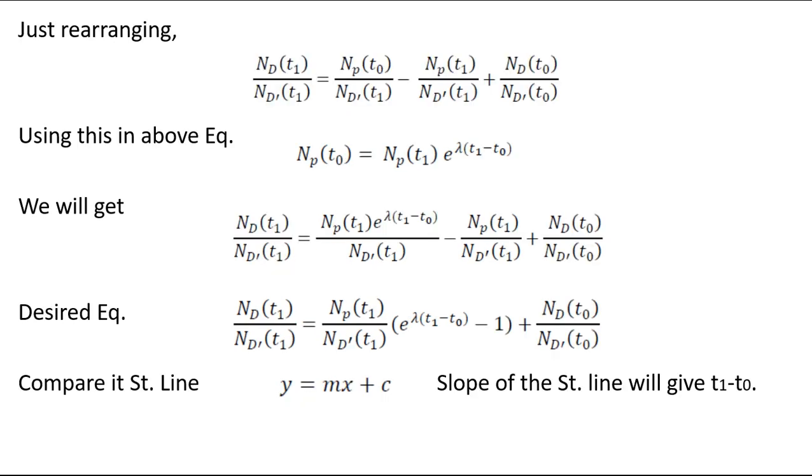Just by rearranging, we end up with this term, and using the relation which comes from the radioactive decay law, putting Np(t0) in the above relation, we end up with the third term.